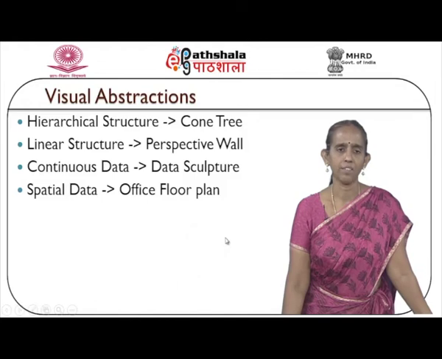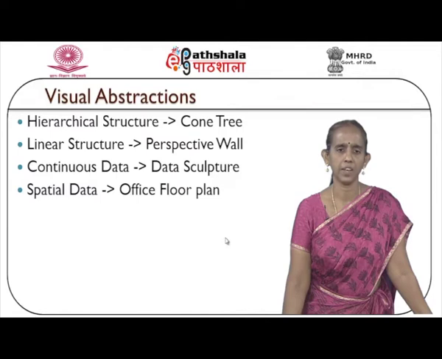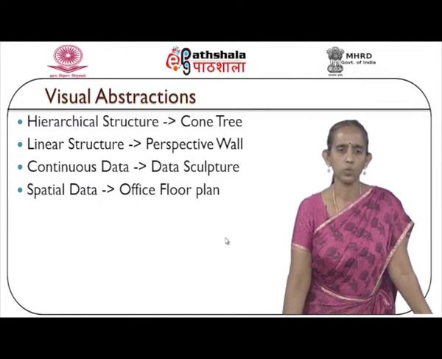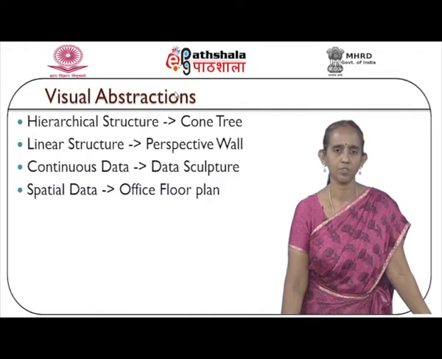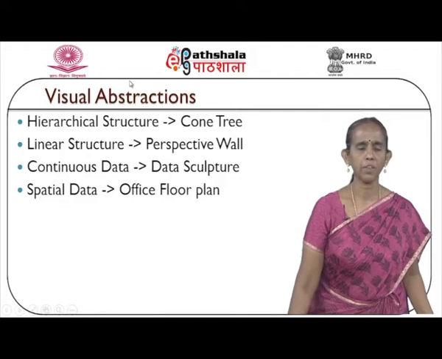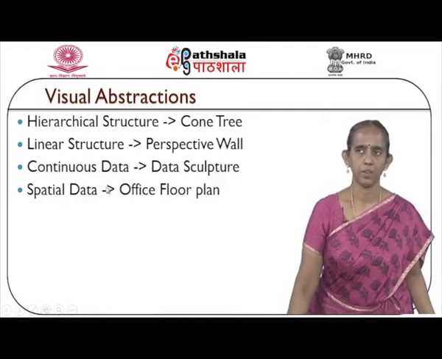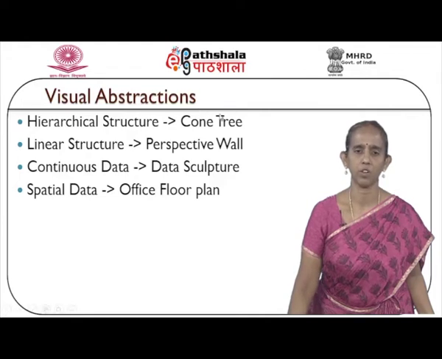Then we also have visual abstractions, which are based on interactive 3D animation techniques. In visual abstractions, some of the information that is being visualized on the screen will be abstracted from the end user's view. So some amount of information may be situated as hidden surfaces on the visuals.